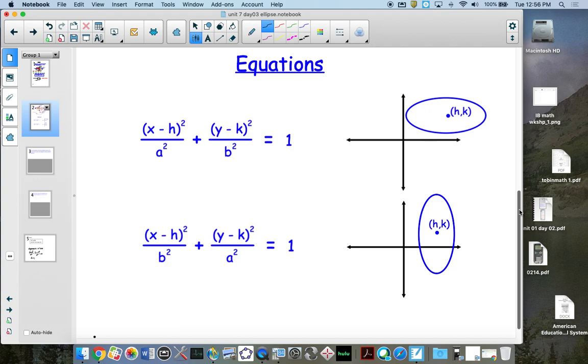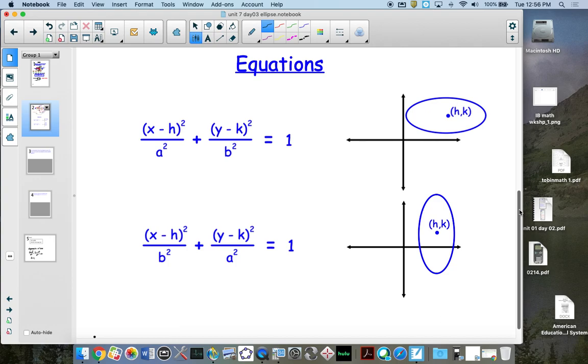So for now, those are the only two types that we're going to be concerned with. If you notice, it kind of reminds you of the equation of a circle, except in the denominators we don't have the same number. If A and B were the same number, then it would be the equation of a circle. Which, by the way, would mean C is 0, and therefore the eccentricity is 0 and it's a circle.